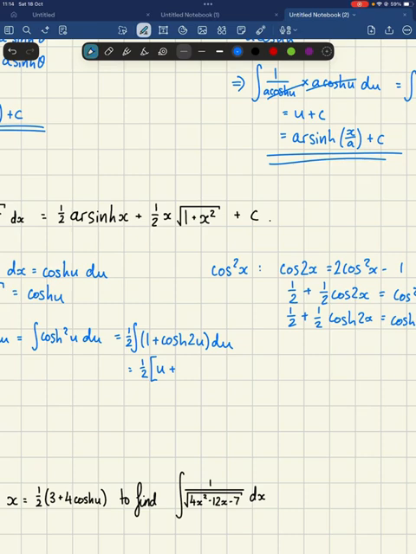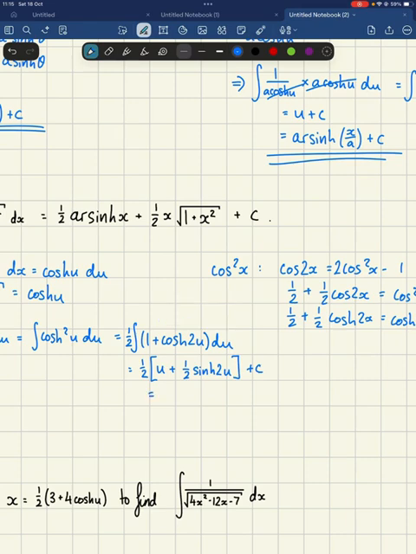We know that the integral of cosh u is sinh u, so if we were to work backwards, if we had to differentiate sinh of 2u, that would give 2 cosh 2u. So to get rid of the 2 in front, we multiply by a half, so it's going to be a half sinh 2u plus c.